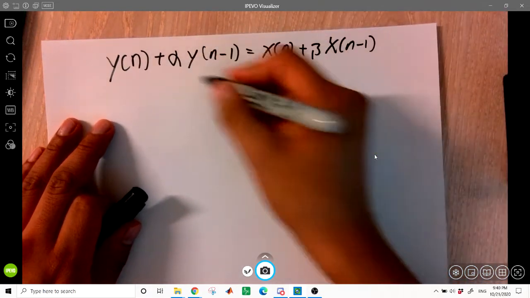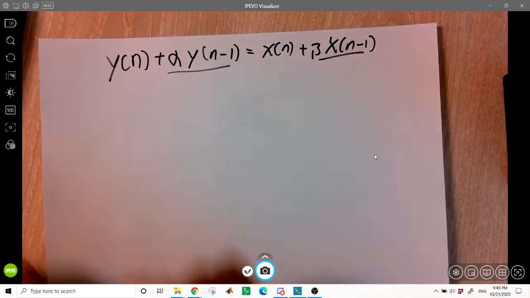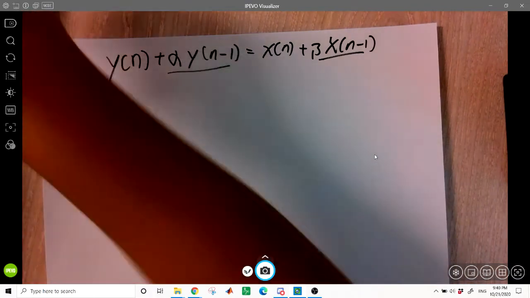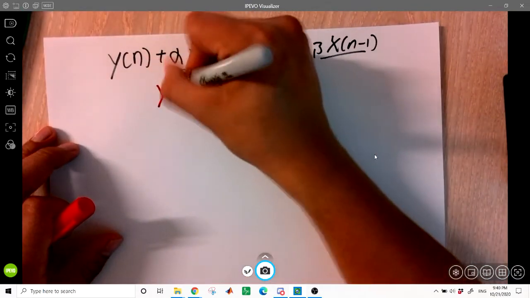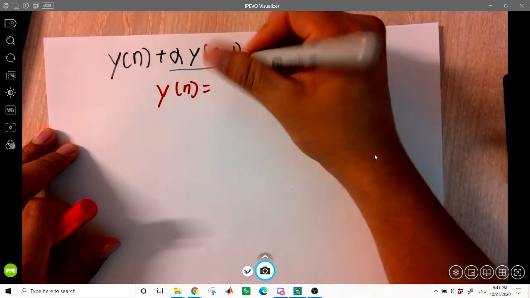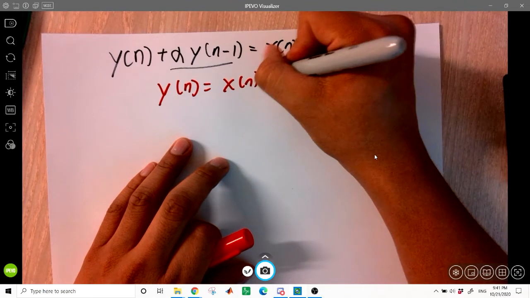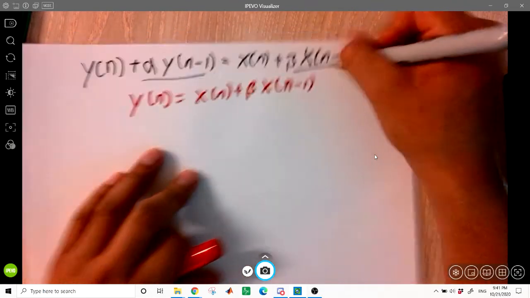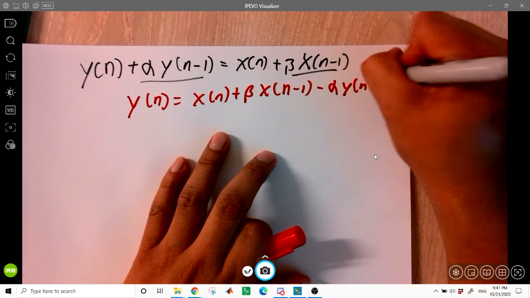You can note that we have some memory. We don't know what this system does, but maybe you do. If you do, that's good, that means you're following. So y of n is going to equal x of n plus beta x of n minus 1, minus alpha y of n minus 1.